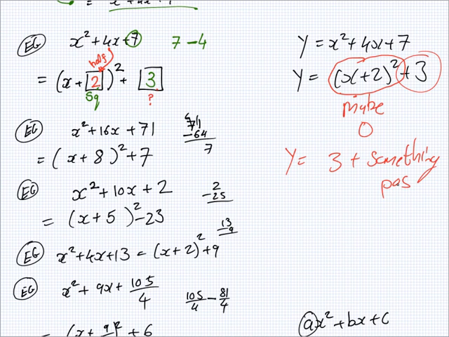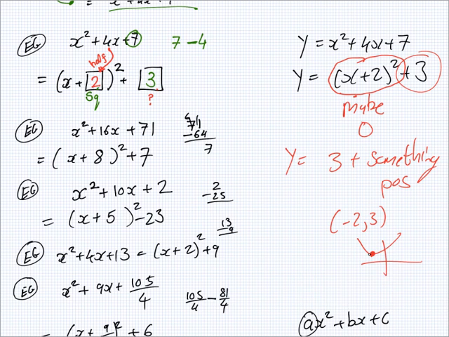Not only that, I know when this will happen. For what value of x will this happen at? Minus 2. Why did you pick minus 2? Yeah, it's because that's what will make this part here 0. So in other words, minus 2, 3 is the point which is lowest on the graph.